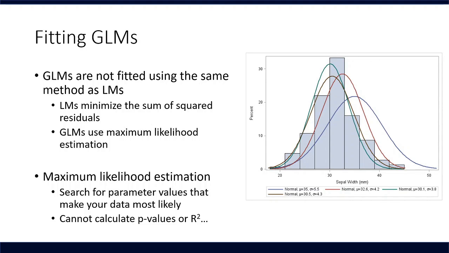And so we're going to need to do slightly different things with GLMs to calculate p-values and r-squared values, which aren't exactly the same as with LMs. But once we start working with GLMs in R, you'll see exactly how this plays out. And it's really not all that big a problem. It's just another consideration that we have to take into account.